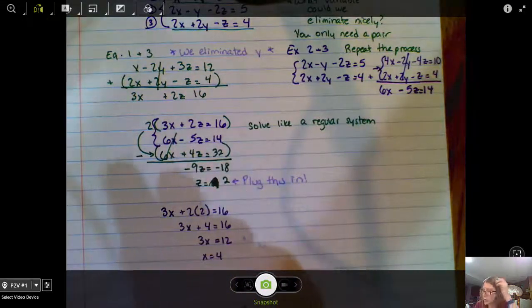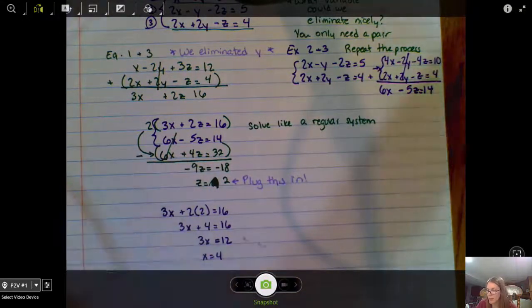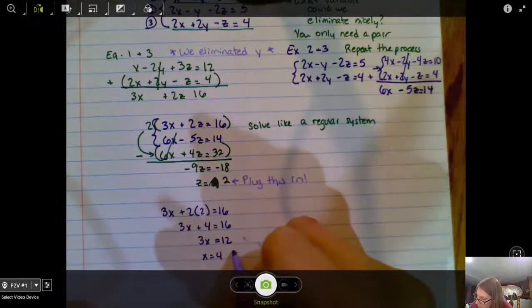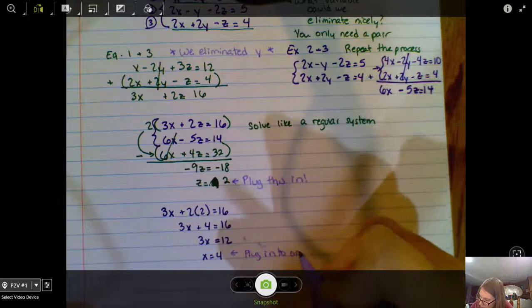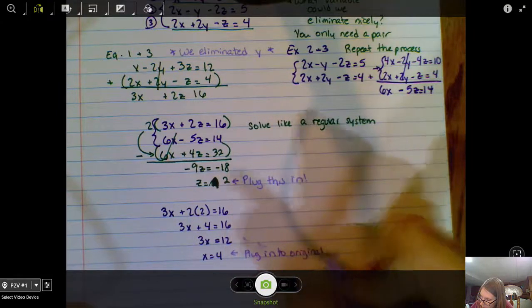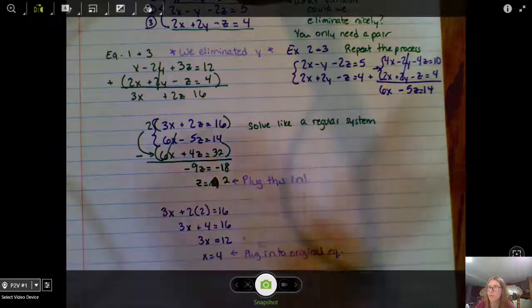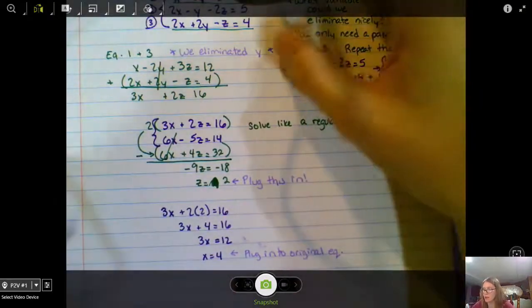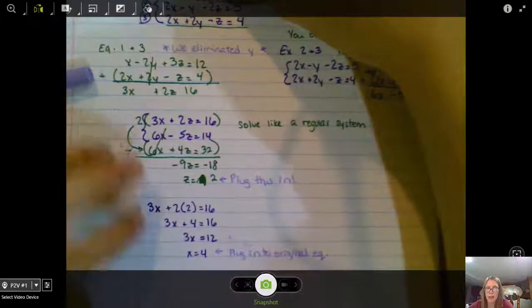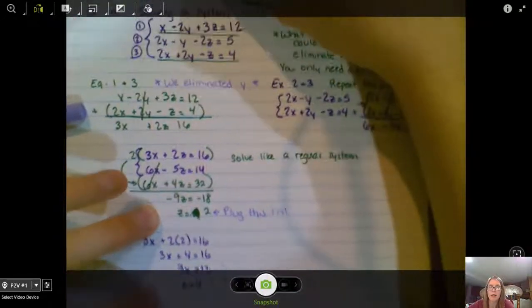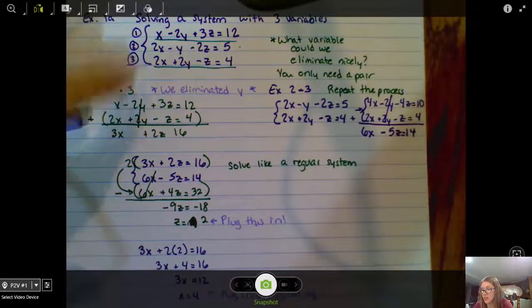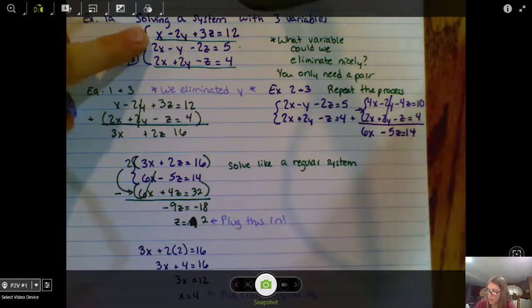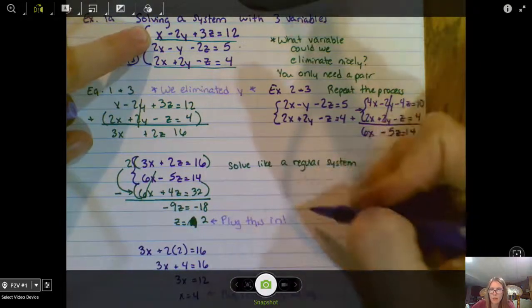All right, I got two of my variables. Now I plug these into any one of our original equations. So looking back at our original, I know an x and a z. I'll just use equation 1.